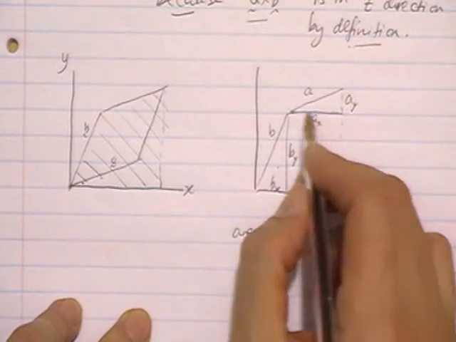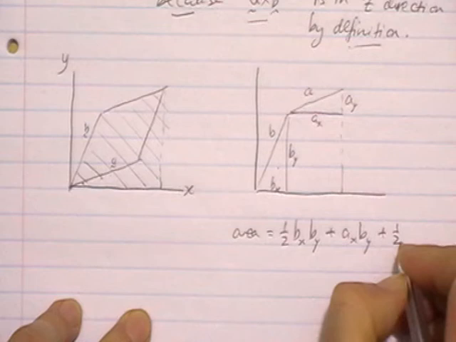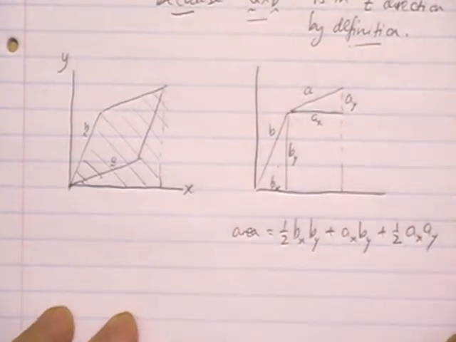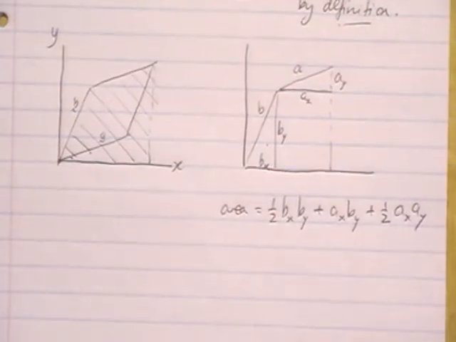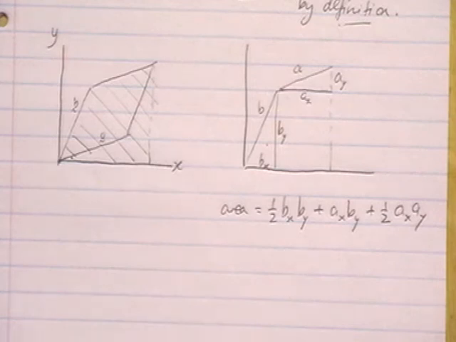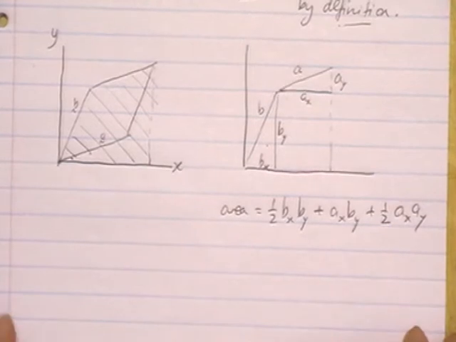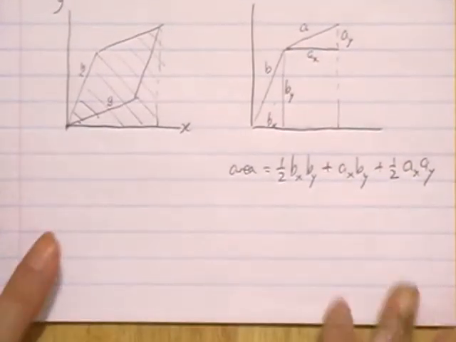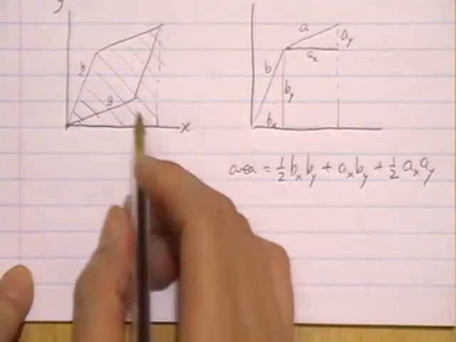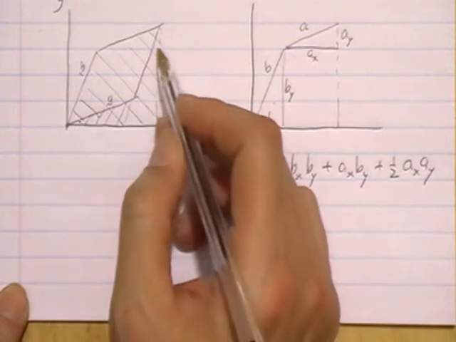And that area of the triangle is half base times height again, half AX, AY. That's simple enough for this big triangle. Now it's looking quite promising because we can obviously apply the same idea to find the other parts of the figure. So now I shall try and find this area of the figure.